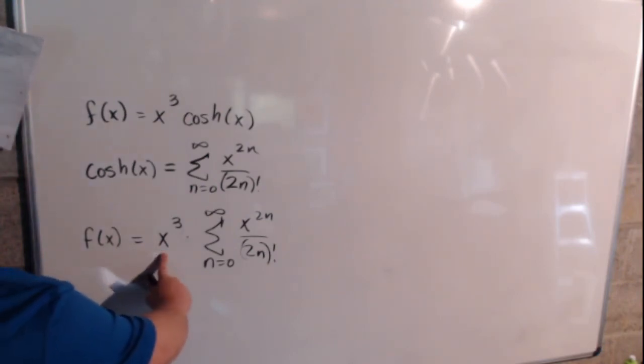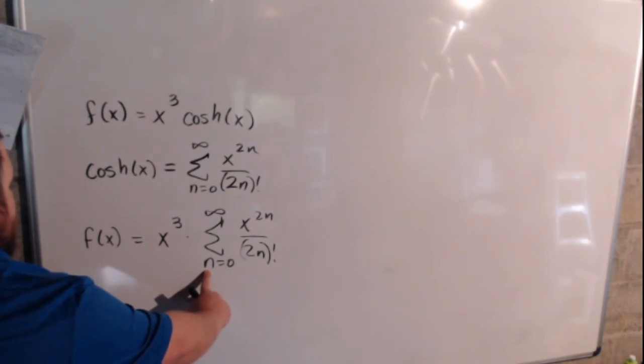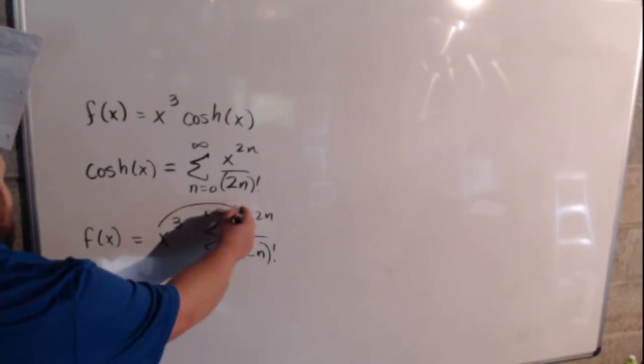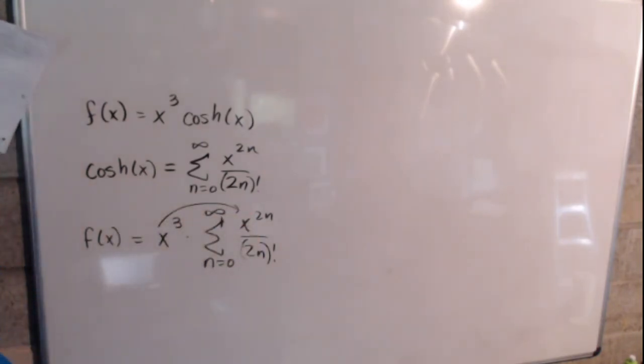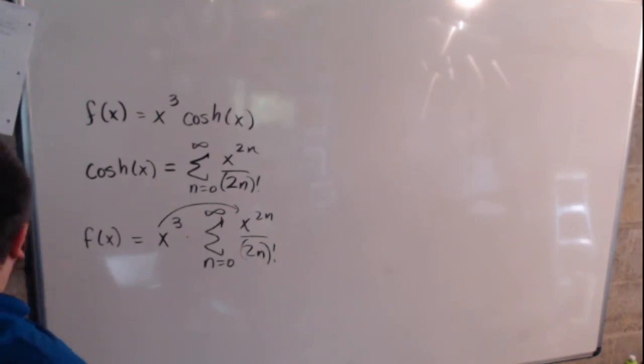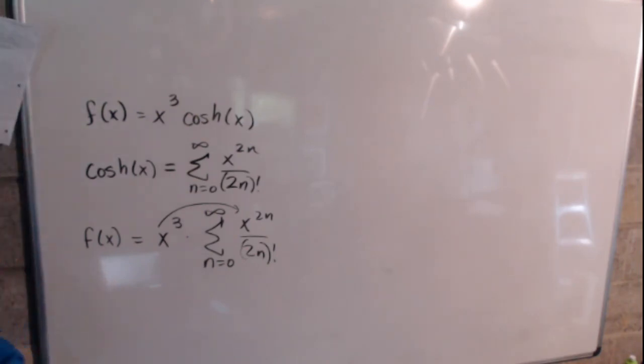This x cubed out here has no n's in it, so it can go in and out of the summation freely. I'm going to go ahead and take it inside and multiply it by that x to the 2n. Recall that when we multiply same base with exponents, we add the exponents.